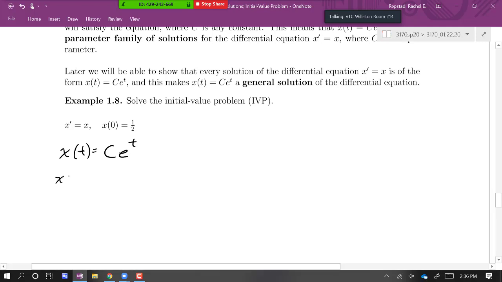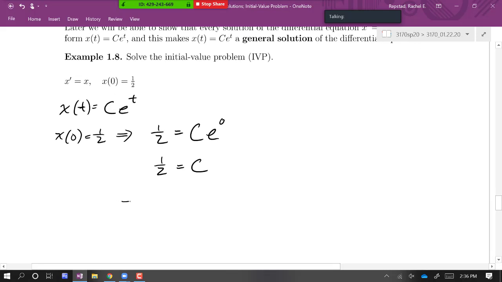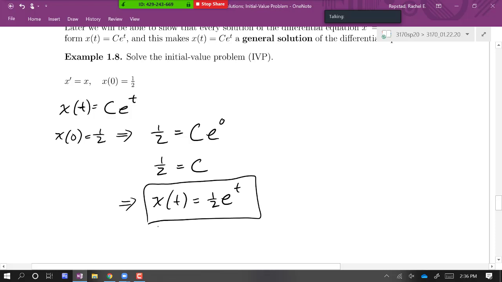So x of 0 equals a half means that 1/2 is equal to c e to the 0. And of course e to the 0 is 1, so 1/2 is equal to c. Now we can put that into the function. There's our particular solution.